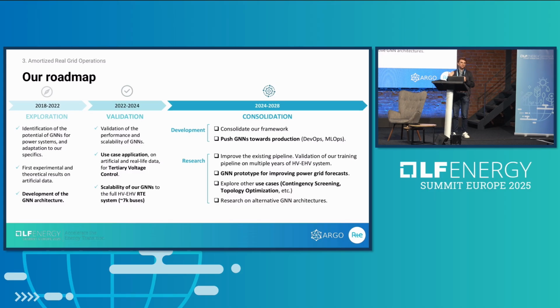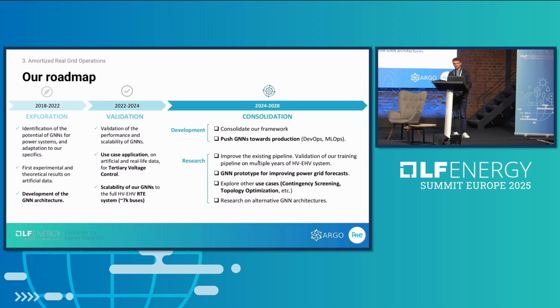One of the main outcomes of this phase was really this mathematical formulation that allows to work on real-life data, and also the companion graph neural network that we have developed that is compatible with this data. Then there was a validation phase, so between 2022 and 2024, where the goal was really to validate that it was all working well on the full RTE system, so make it scalable, and also try to apply it to a very specific use case, the tertiary voltage control.